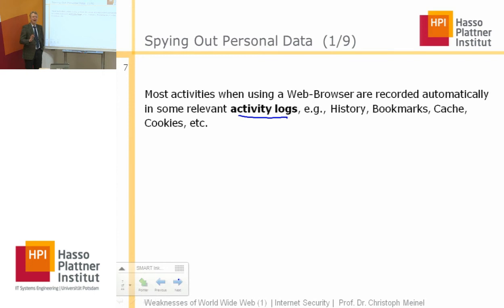All these things are introduced and invented to support the user, to make it more convenient to use the web and the resources. But as we have seen in many other places in the lecture, things that are provided to make life easier, more convenient for the user, also have a backside: when they are misused, when they come into the hands of bad guys, then we have some disadvantage.